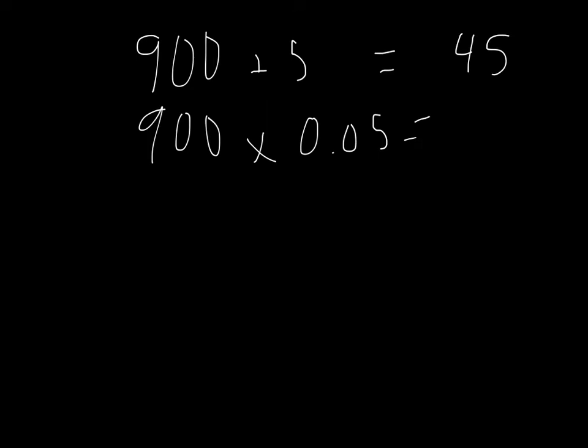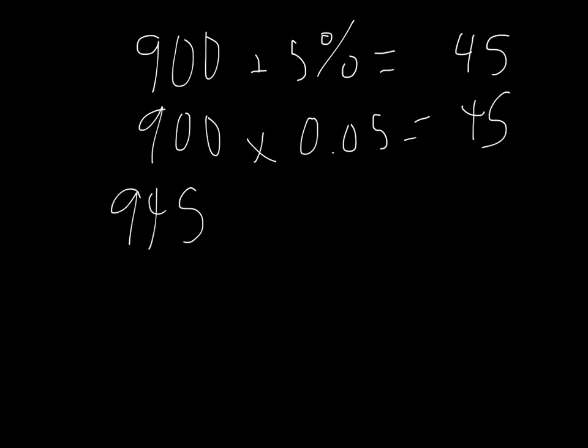So for every 100, you take $5? For every $100 I spend, there'll be an additional $5 if the price is getting 5% added on. So either way, that's now $945. Make sense?